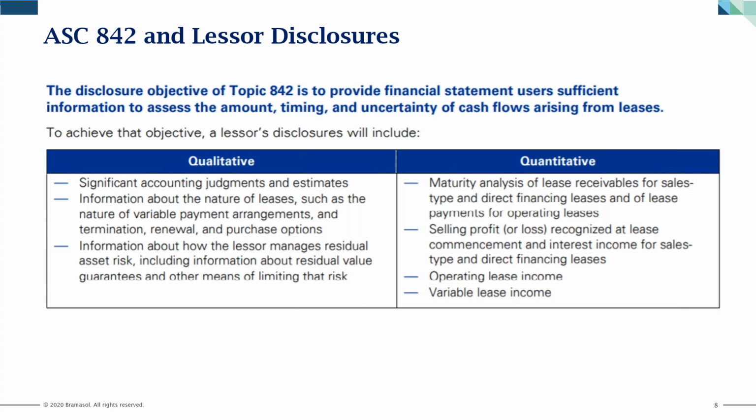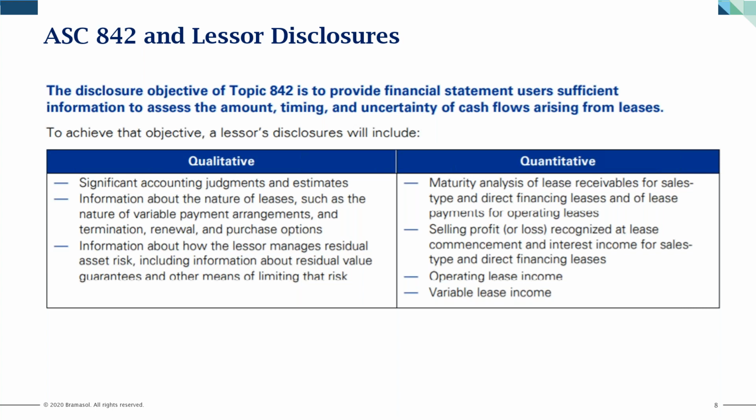You also have to separately disclose your operating lease income, which is the interest income over the life of that sales type or direct financing lease. And then if you have any variable lease income components, you'll also have to disclose your maturity analysis of your lease receivables. So you have to put that in the 5-year bucket and say, over the next 5 years, I expect these lease receivables to be bled out by this amount every year for the next 5 years.